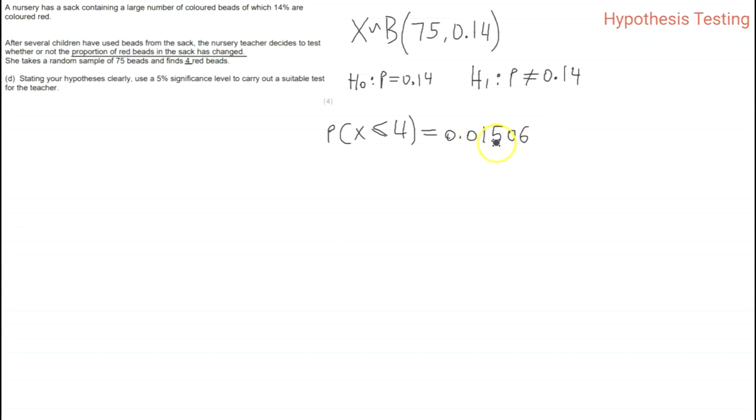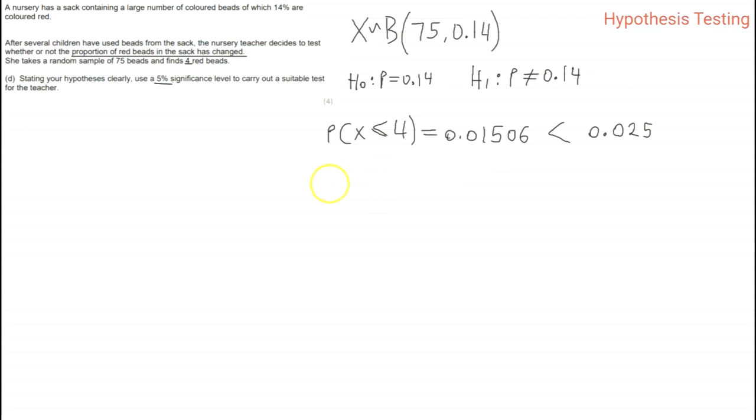Now, this is 1.5% and clearly less than the significance level. And remember, like I said before, it's a 5% significance level, but this is split between both of these tails. So the actual significance for this would be 0.025. In other words, 2.5% would be half of it, because it will be split evenly between both tails.